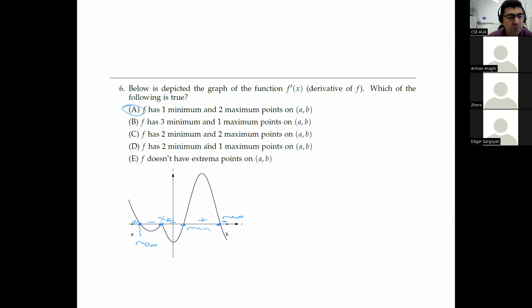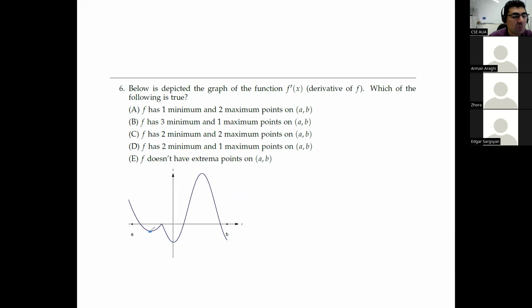You said inflection point. How from the graph of f prime can we find inflection points, guys? It's a graph of f prime, not f. How can we understand which points are inflection points of function f? We should find the maximums and the minimums, the extrema points of f prime.